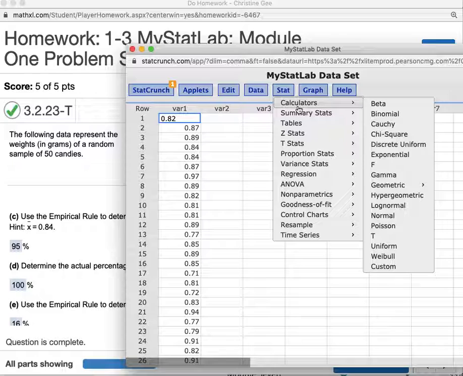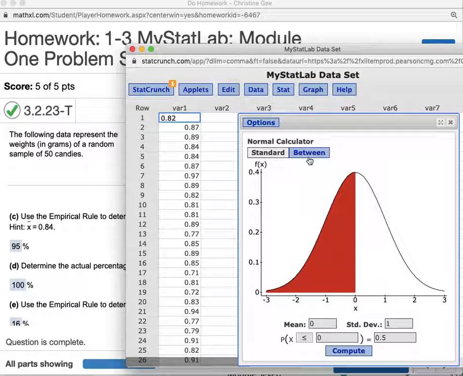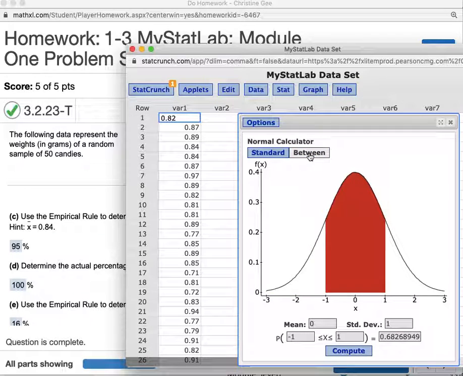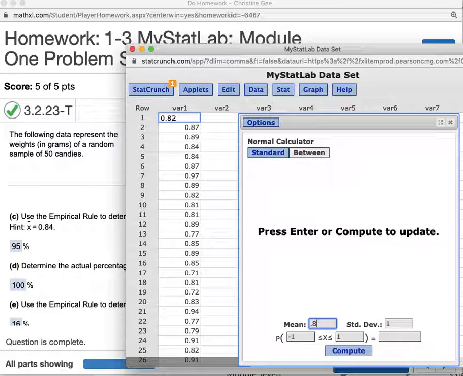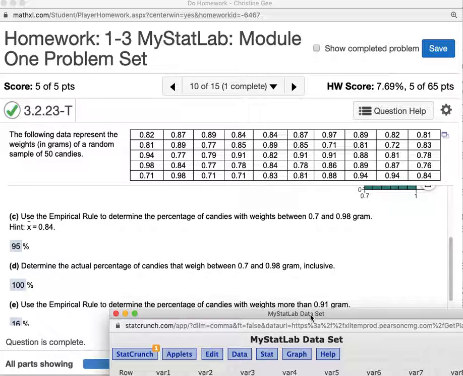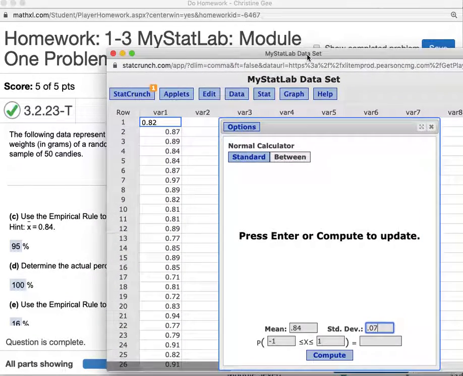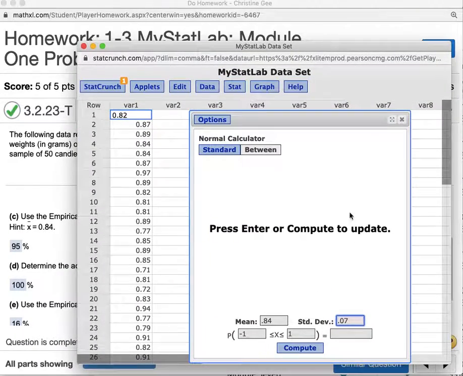So stat calculators, and then we go into normal. This is for the normal distribution, and important here, you want to click between. We're given the mean of 0.84, and then the standard deviation is 0.07, and we're asked to find the percent between 0.7 and 0.98.